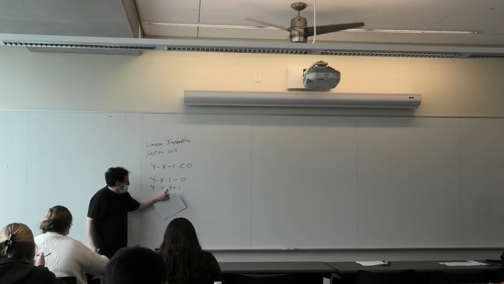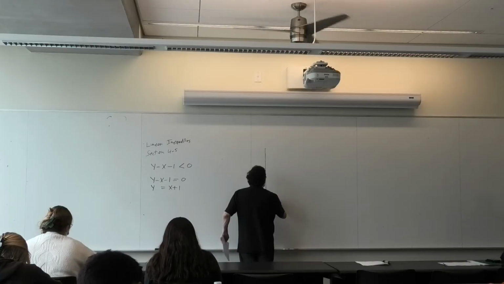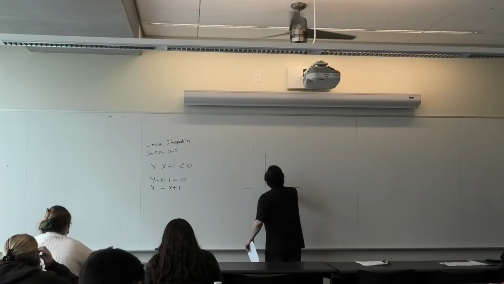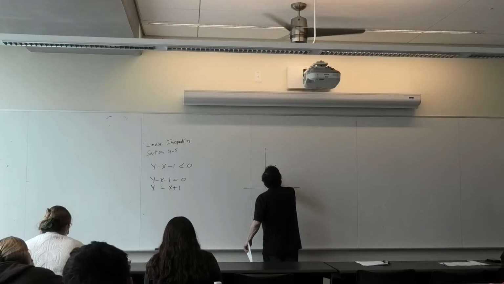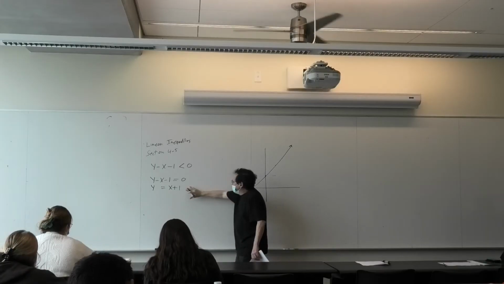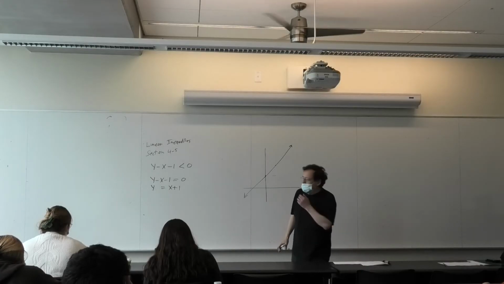I got a slope of 1 and a y-intercept of 1. Okay. There's my y-intercept, over 1, up 1. So now I have this line here, which is not what I want, but it gets me most of the way there.